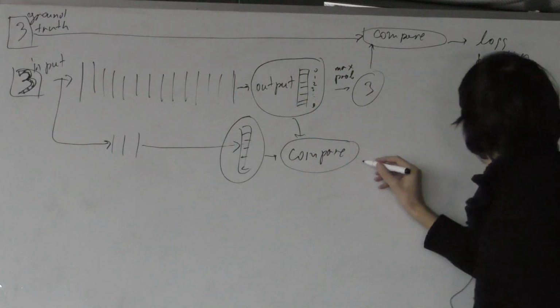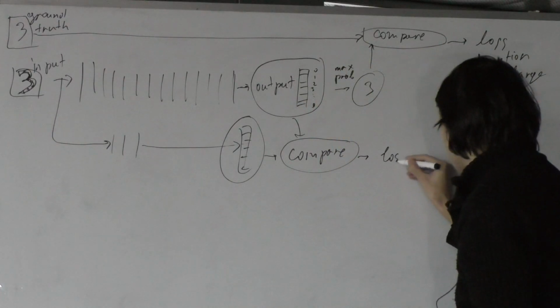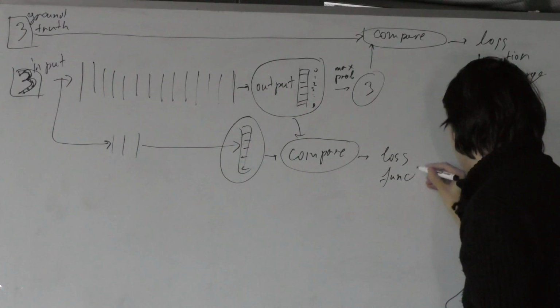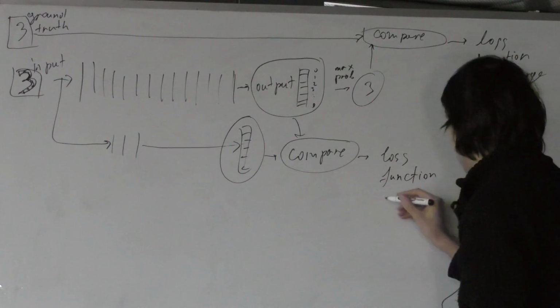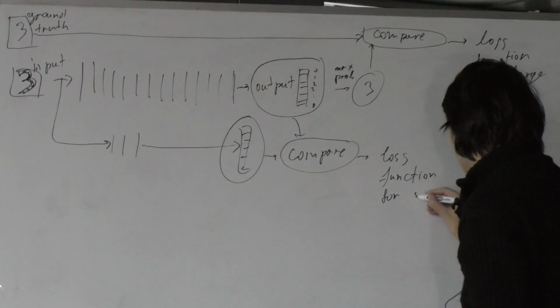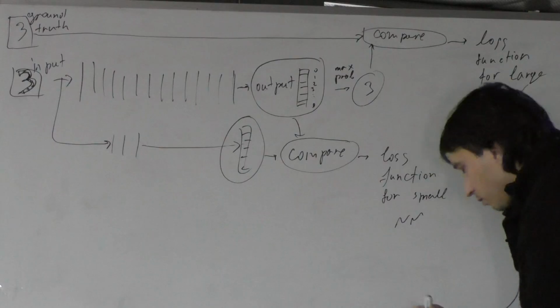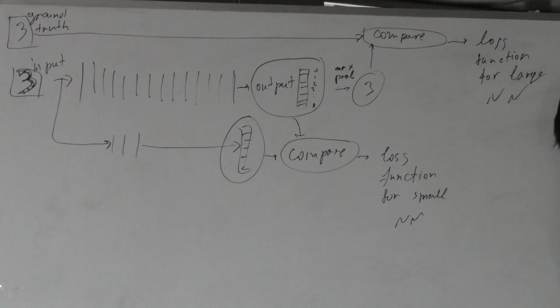And this will produce the loss function for the small neural network. We will see that in code today.